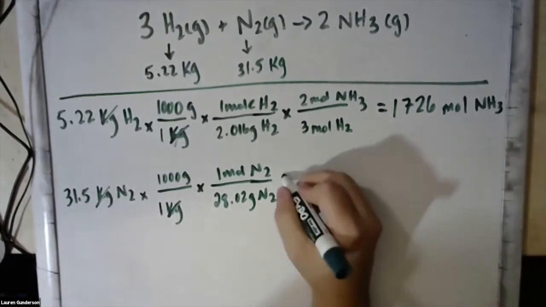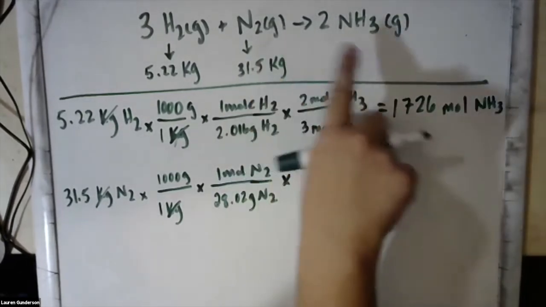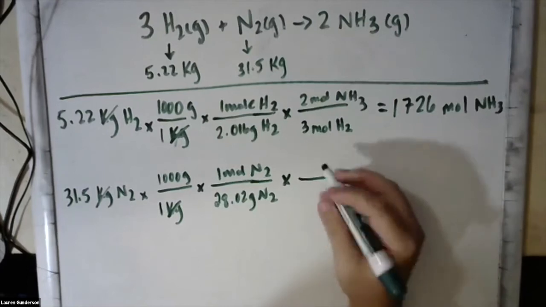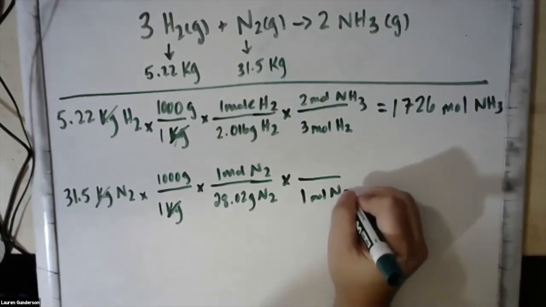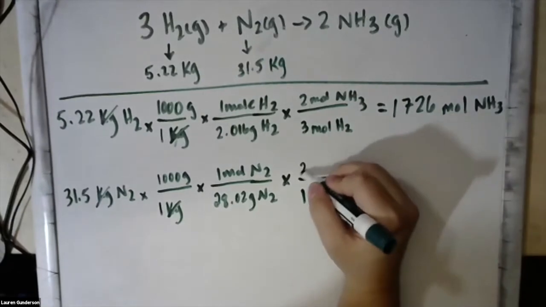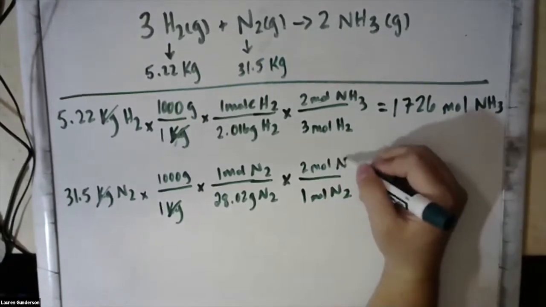Then in this next step, we're going to convert from moles of nitrogen into moles of ammonia. And we see from our balanced equation that there's 1 mole of nitrogen for every 2 moles of ammonia.